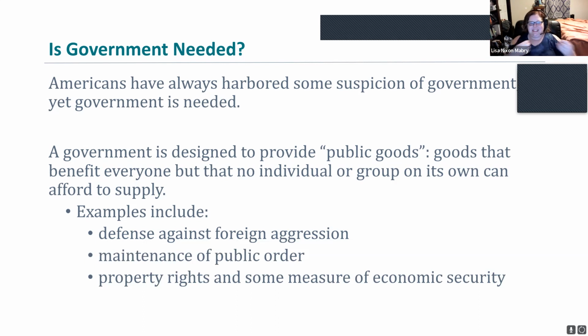It's always that constant battle, because we as a society do not all share the exact same beliefs, right? So government is designed to provide public goods that benefit everyone, but that no individual or specific group of people on its own can afford to supply.